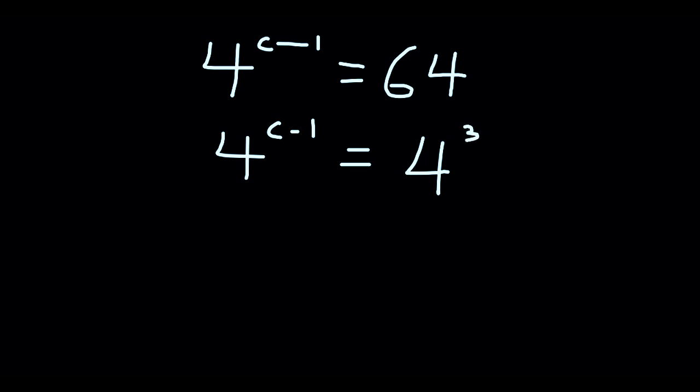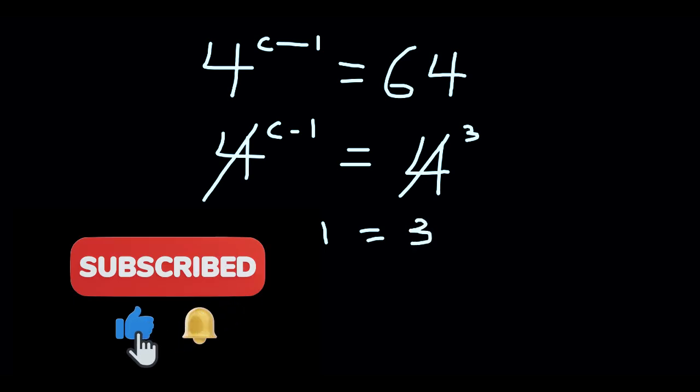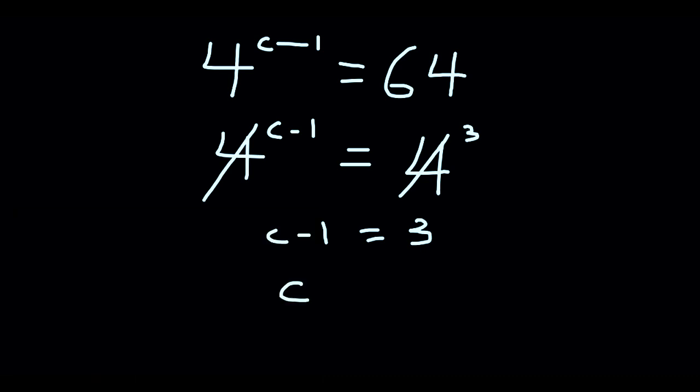Cancel the base 4, we have c minus 1 equals 3. Then from here, adding 1 to both sides, we then have c equals 3 plus 1, which is equal to 4 as our final answer.